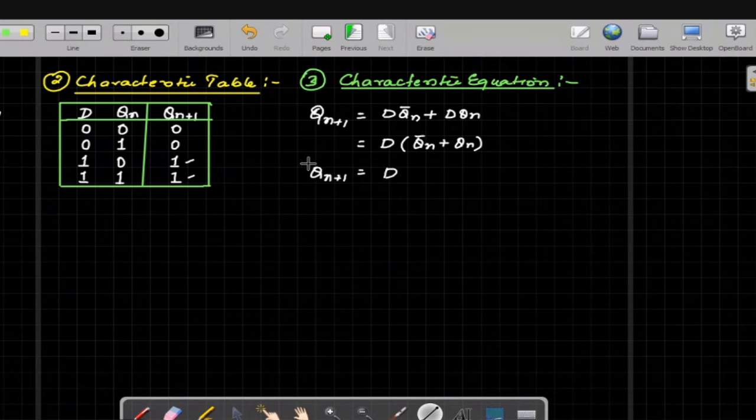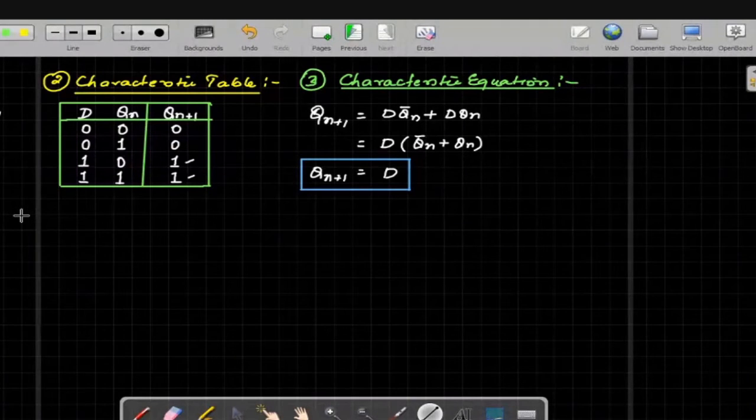The output of the D flip-flop exactly follows the input. Are you getting my point or not? With this characteristic equation, that statement can be duly verified: your present state is nothing but whatever input you applied at the D side.